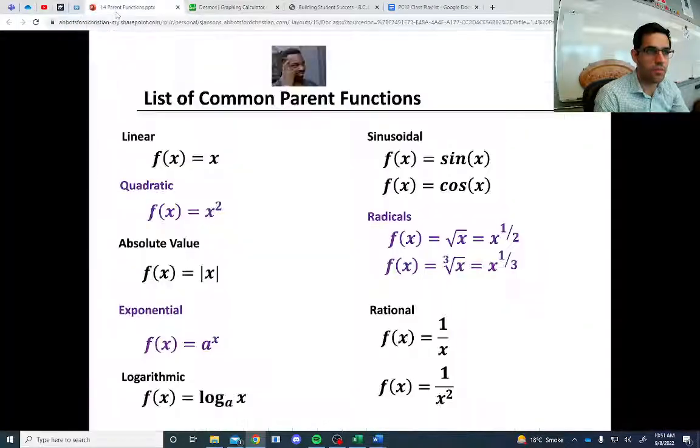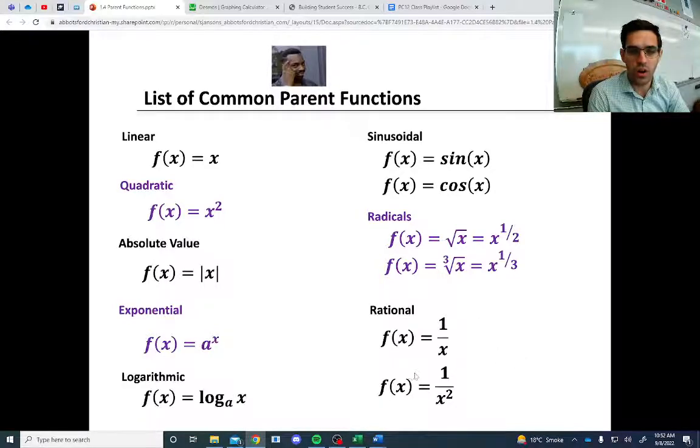Alright, enough playing around. So here's a list of all the parent functions that we just looked at. At this point, I just want you to be exposed to the graphs of these functions and the expressions themselves. Don't panic about not knowing much about them.